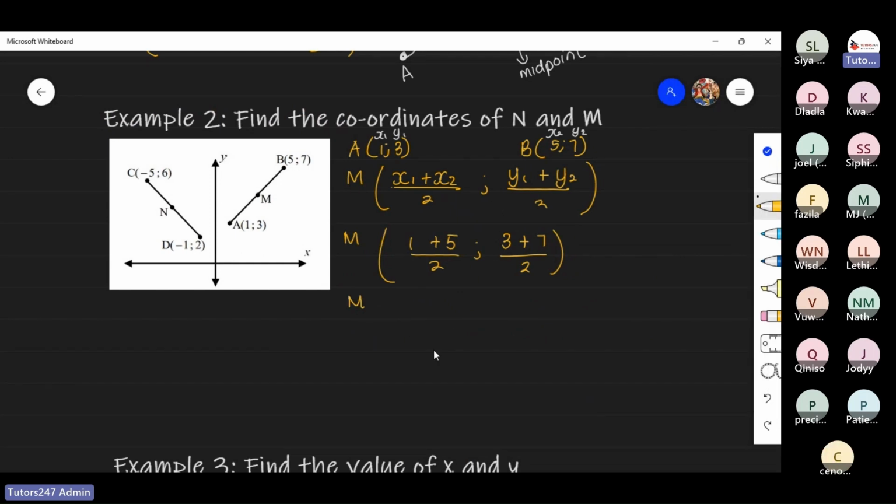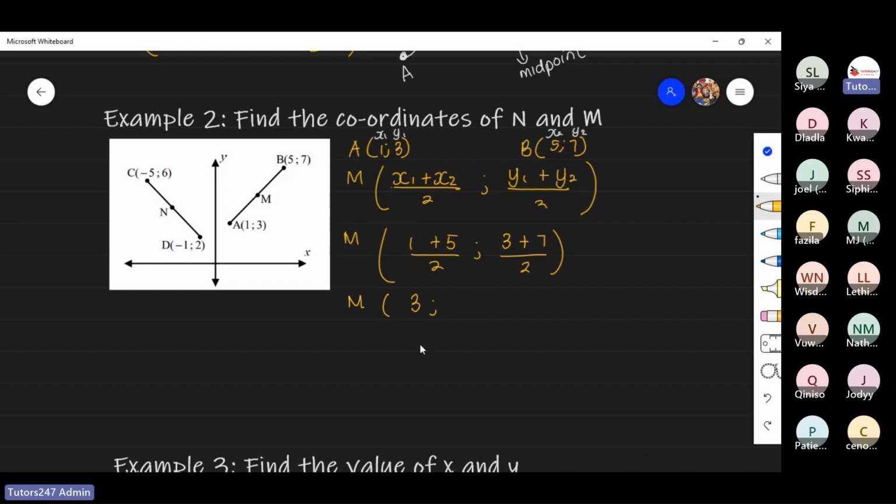Please don't put the entire thing into your calculator. You cannot put a semicolon into your calculator. What you are going to do is only put the x part first, then put the y part. So on your calculator, open a fraction, put 1 plus 5. In your denominator position, put 2. And that is going to give you a value of 3.